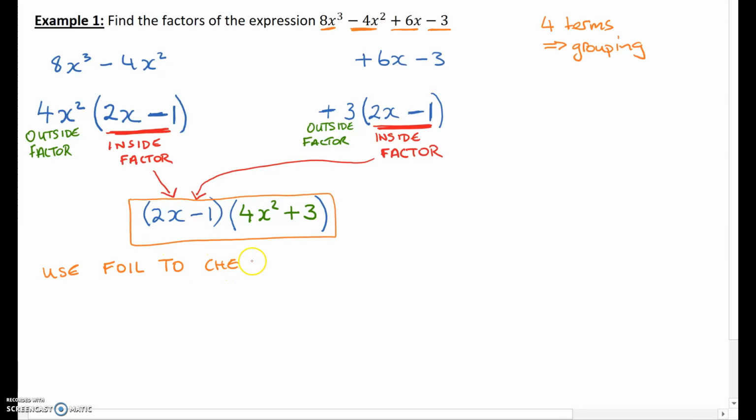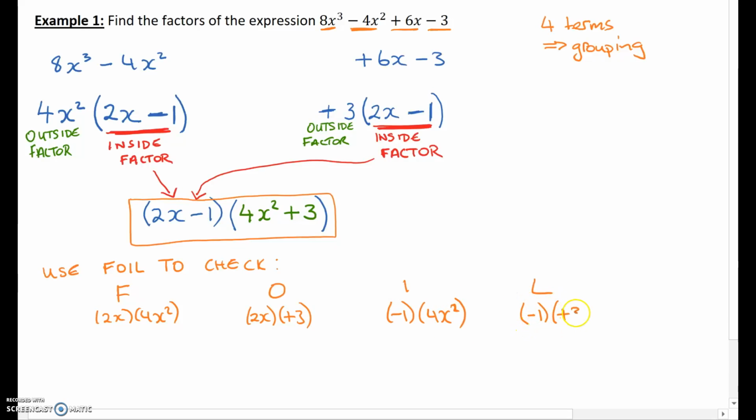Okay, and if we use FOIL to check these, FOIL, that'll be 2x times 4x squared. On the outsides we have 2x times plus 3. On the insides we have negative 1 times 4x squared. And in the last place in each we have negative 1 and plus 3.